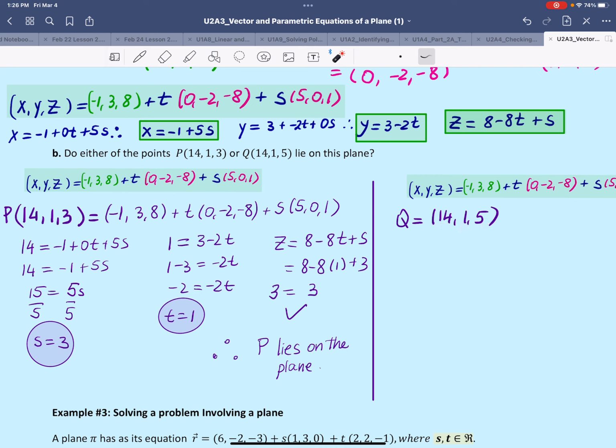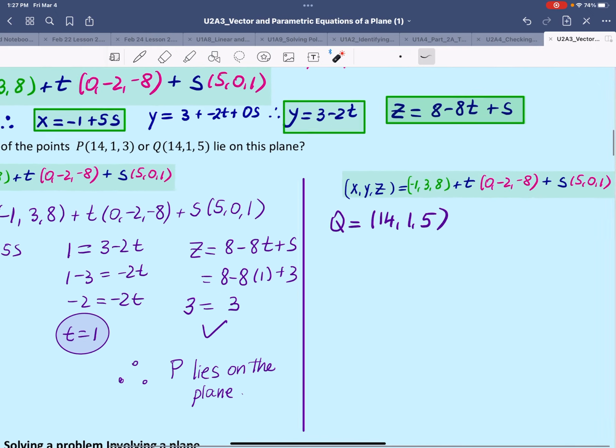Remember that using the X and the Y coordinates here, we figured out the values of S and T to be 3 and 1. So they give a value of Z equals 3, which equals the same Z coordinate as P. And that's what made it possible for us to say that P lies on the plane. Just by looking at the Z coordinate here, which is 5, then we can tell that point Q most likely is not on the plane.